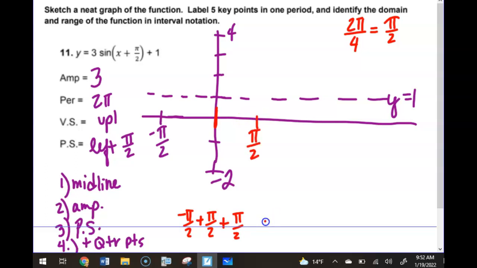Add another pi over 2, and we'll be at 2 pi over 2, which is pi. Add another pi over 2, we're at 3 pi over 2. Now, normally we'd add another pi over 2 and be at 2 pi, but because it shifted, I don't think we're going to need that one, right? It's going to finish before 2 pi.